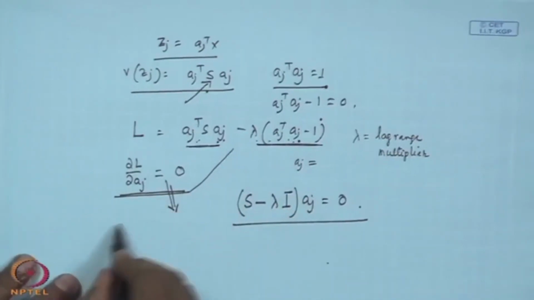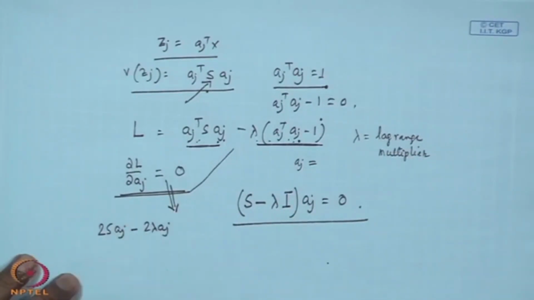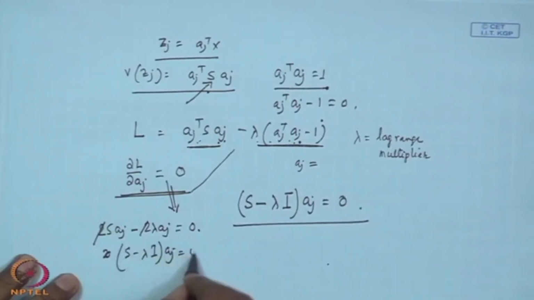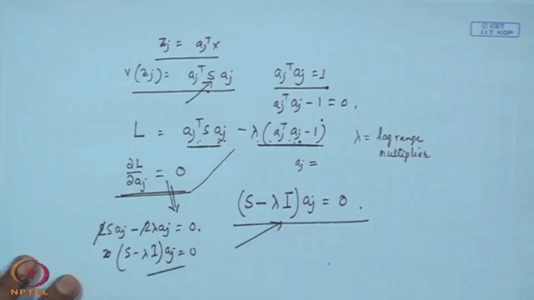So ultimately it will be 2 S Aj minus 2 lambda Aj equal to 0. The 2 will be cancelled out. So, S minus lambda, but S is a matrix and lambda is a scalar, this into Aj equal to 0. So, that is the equation.